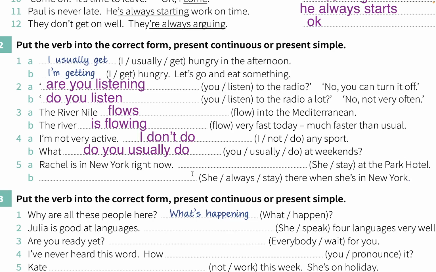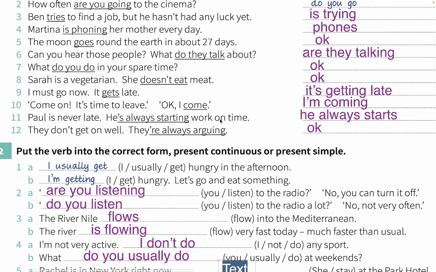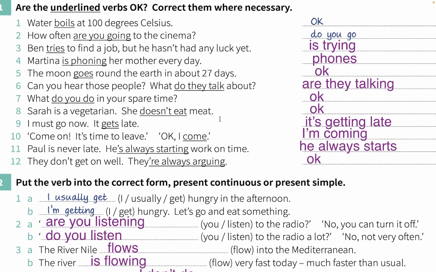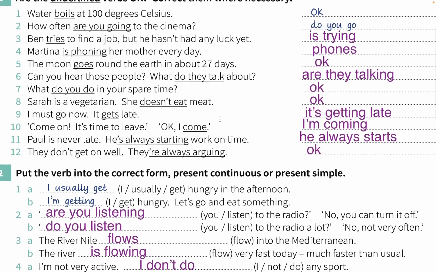Do you guys get this one? Okay. I have a question. Sorry. Yes. What is your question? In section 1, can you scroll to section 1? It's related to section 2, number 4. Yeah. Number 7. Why don't you? What are you doing in your spare time?